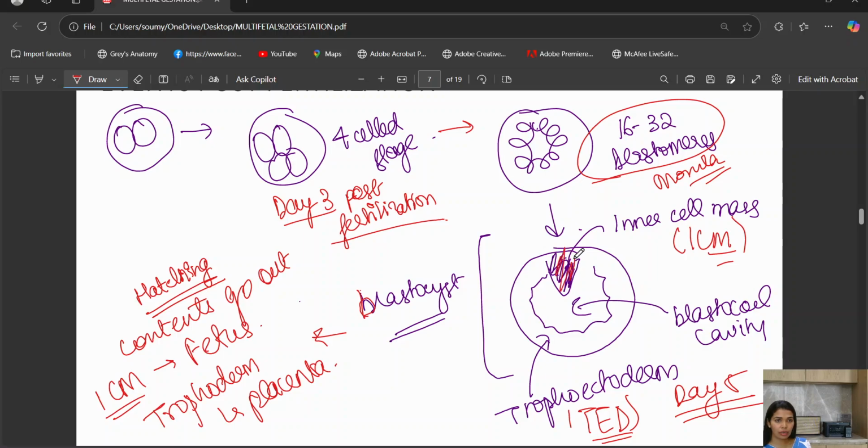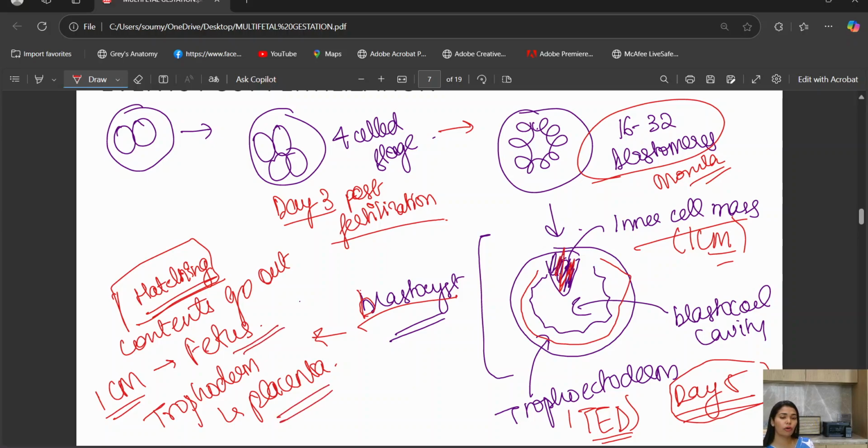Blastocyst में there is an inner cell mass and then there is a trophoectoderm, and then obviously there is a blastocele cavity, and this forms on day 5. And then after everything, this blastocyst opens up, which is called hatching. In hatching the contents go out, and the inner cell mass forms the fetus and the trophoectoderm forms the placenta.